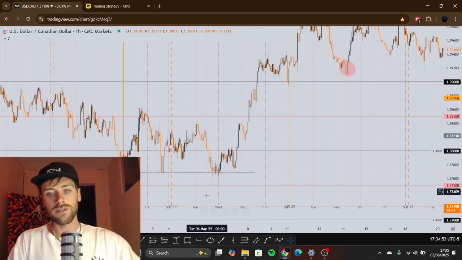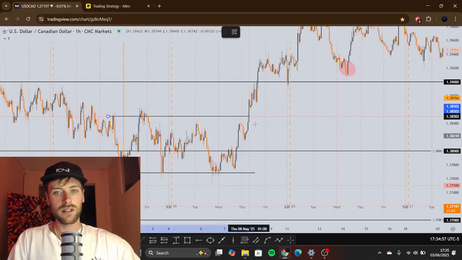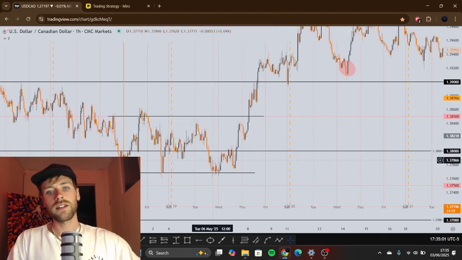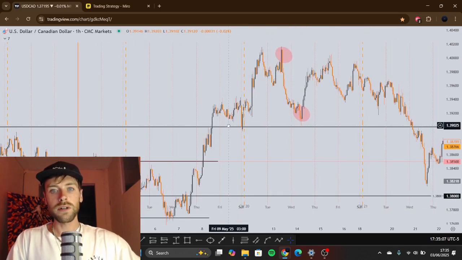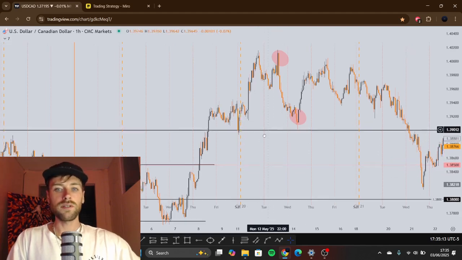Marking the lows and then looking for a false break. As soon as we get that false break, game on. So false break, day one, day two, day three. From here, price can either do a day one, day two, day three short, or we can get a reset.